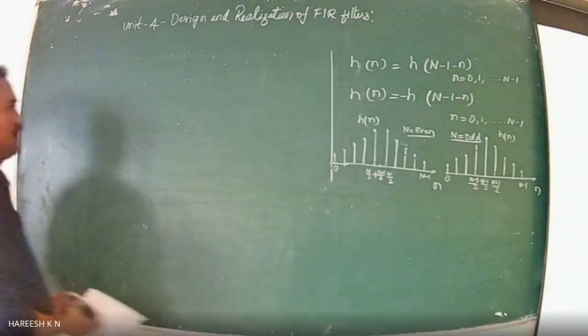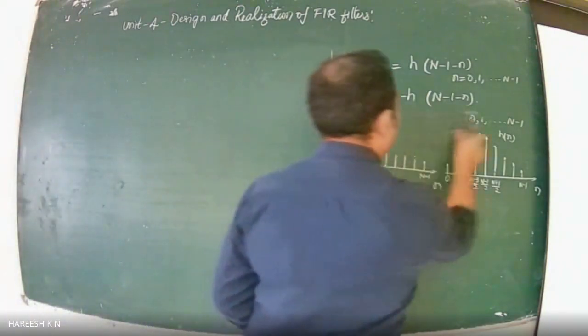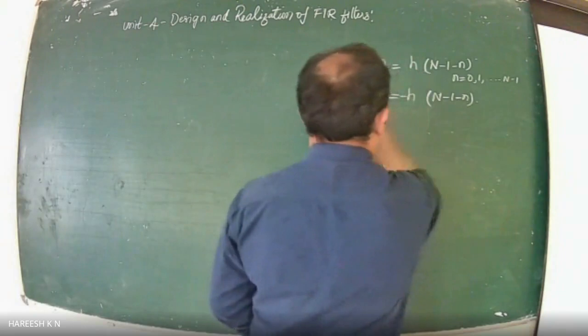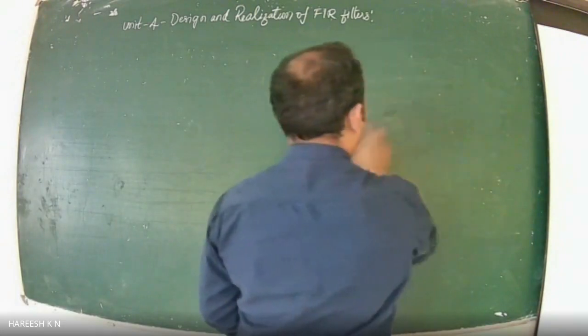For anti-symmetric, as we have written here, h of n is equal to minus h of (N minus 1 minus n), isn't it?